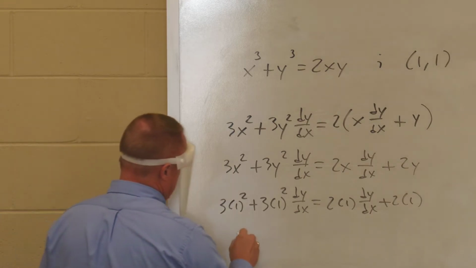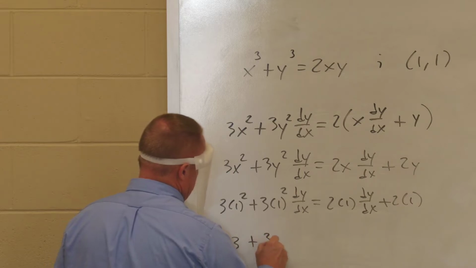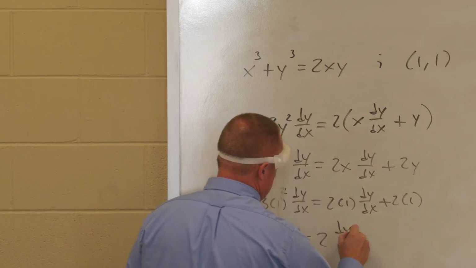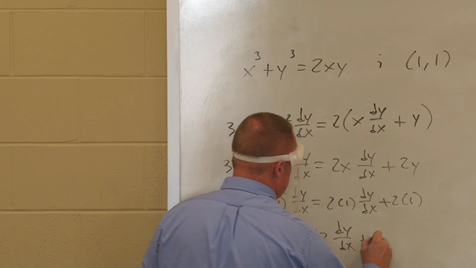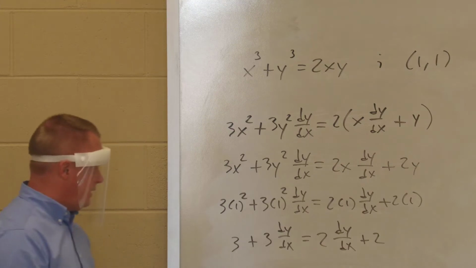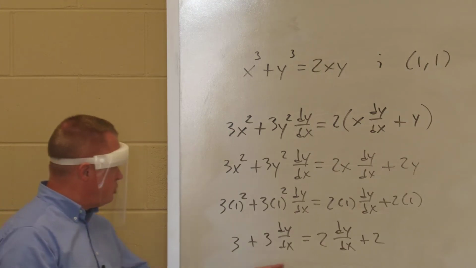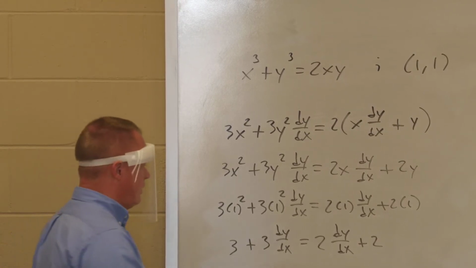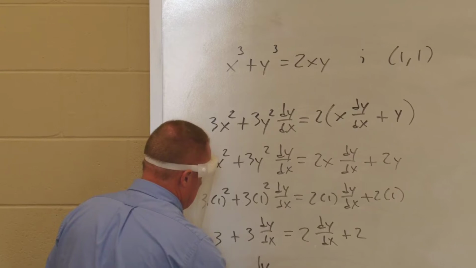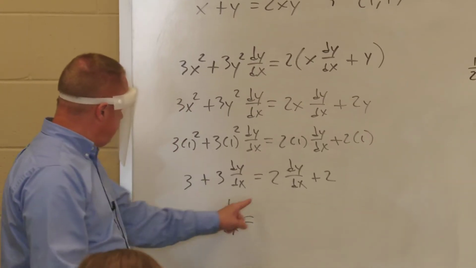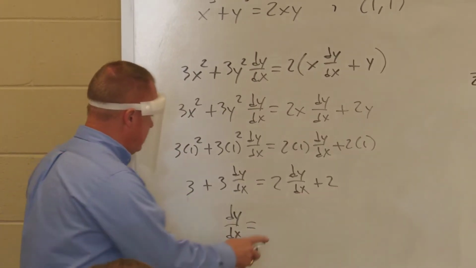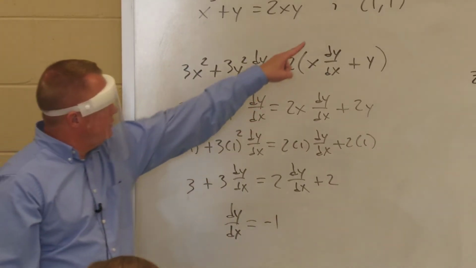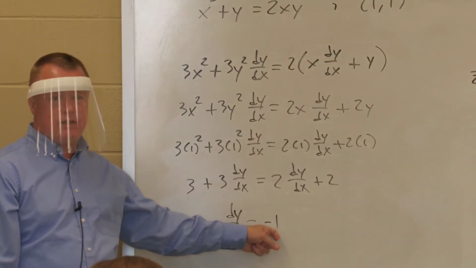So this will be 3 plus 3 dy dx equals 2 dy dx plus 2. And now that's easy to solve. If I just subtract 2 dy dx from both sides, I get 1 dy dx. And then if I've got the 2 and I subtract 3 from it, I get negative 1. So the slope of the tangent line at the point 1, 1 is negative 1. And that's all I really need to know.